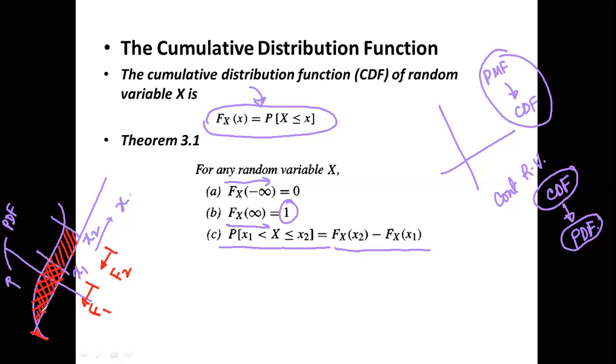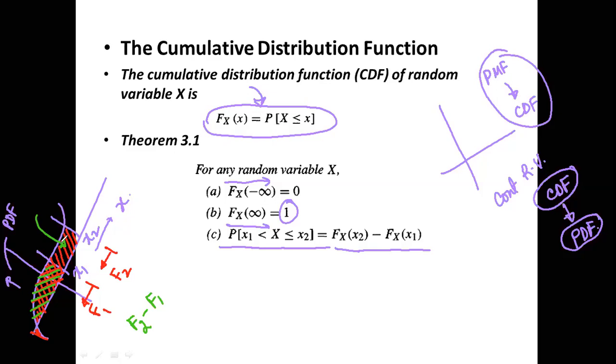Now if I subtract F2 minus F1, what is the result? The result is definitely this red dashed portion, because F2 is the whole area and F1 is the area to the left of X1.